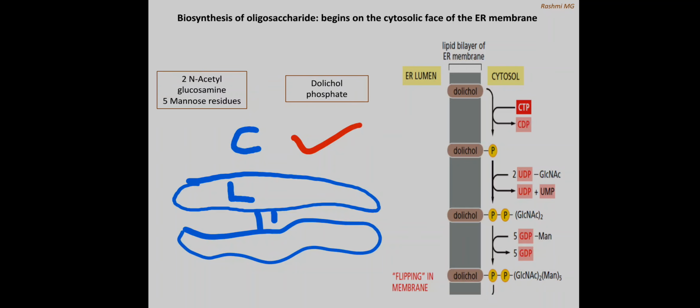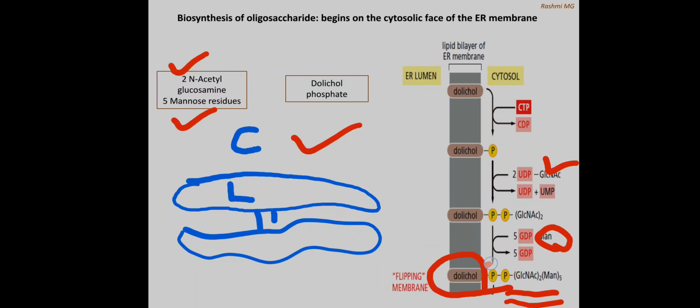To the N-acetyl glucosamine, 5 mannose is added. See here, the resultant we are getting is 2 N-acetyl glucosamine with 5 mannose residues added, and it also attaches to the dolichol with the help of a pyrophosphate bridge.